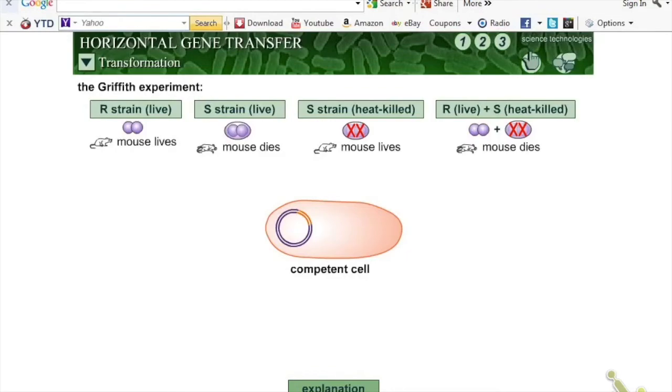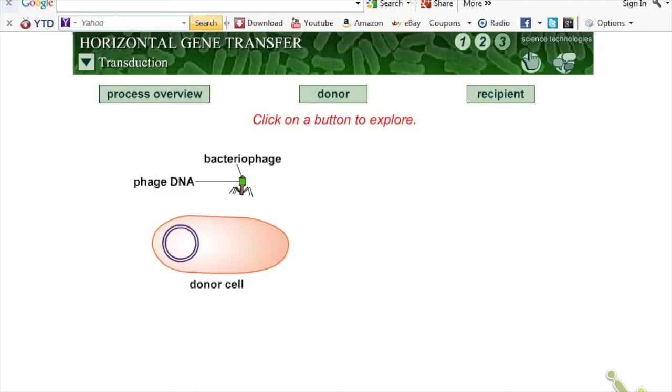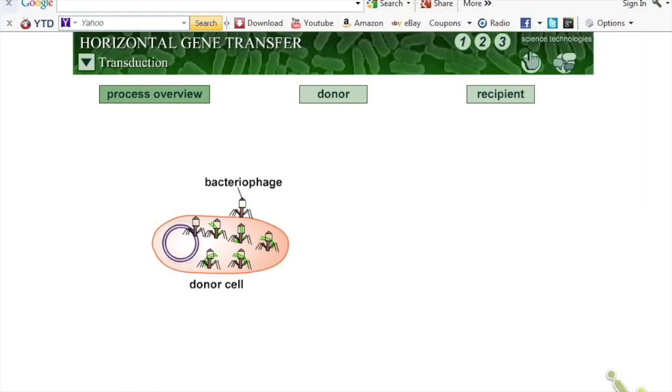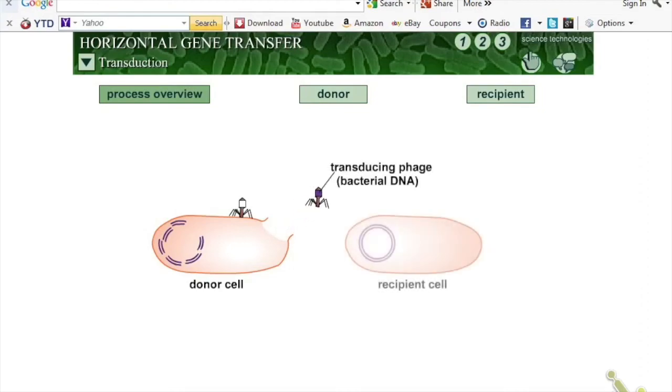So if this is transformation, the other one is called transduction. So here's what will happen in transduction. In transduction, DNA from the chromosome of one cell is transferred to another cell via a replicating virus. A virus that infects bacteria is called a bacteriophage or phage.